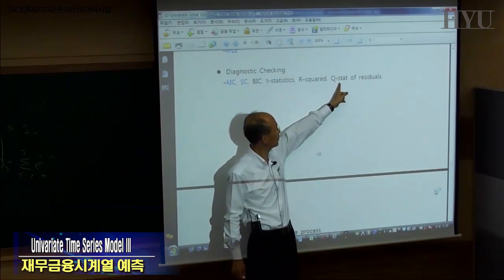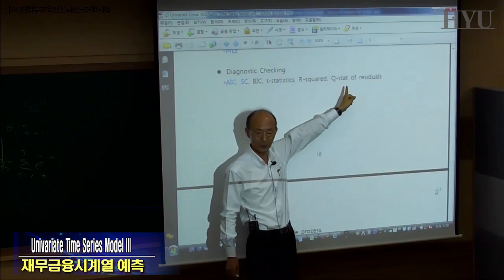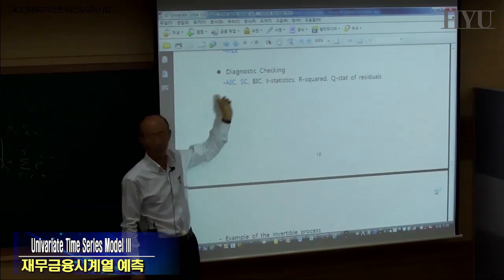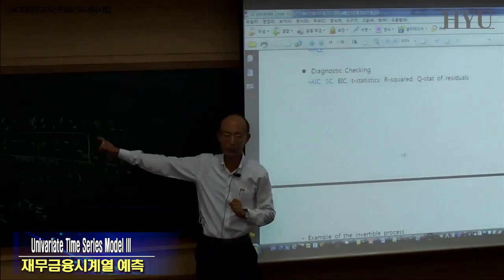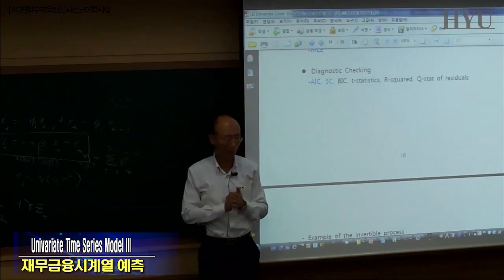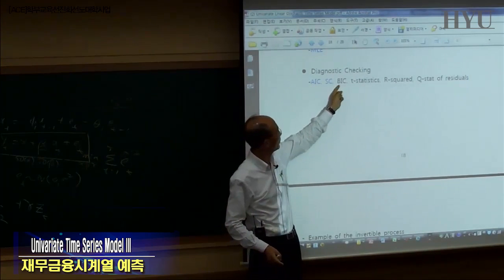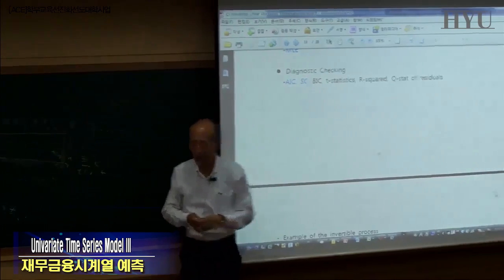Also, you will check Q statistics of residual, but still it won't give you the answer. Well, what P and Q appears to be the best? That one will give you an answer. These three will give you an answer.